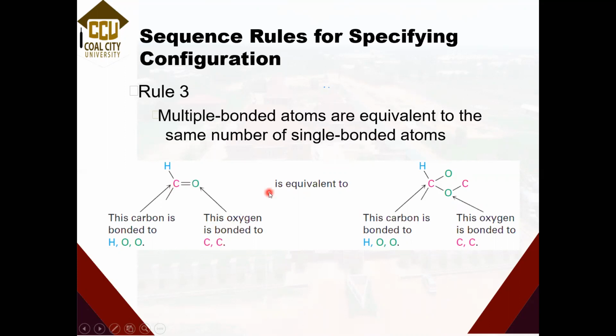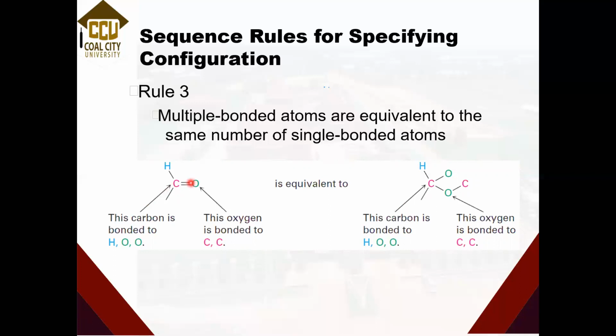We said this is equivalent to: we have this carbon bonded to 1 oxygen, a different oxygen again, that's 2 oxygen. And then this oxygen is also bonded to 1 carbon, 1 carbon. So multiple bonded atoms are equivalent to the same number of single bonded atoms. The implication of this is that if I have a case of a double bond and I have another carbon that is single bond, the double bond will have a higher priority because the double bond is attached to 2 different oxygen.